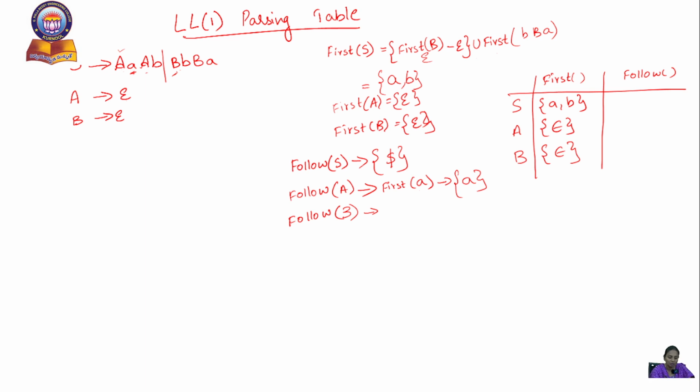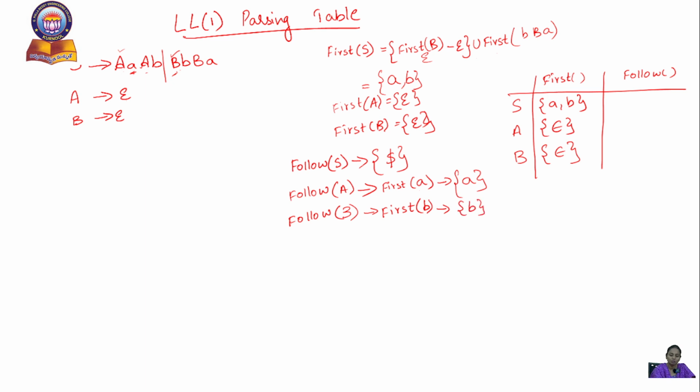B is actually present here. So immediate right to the B, what is there? Terminal B is there. So we have to consider first of B. First of B will become B.